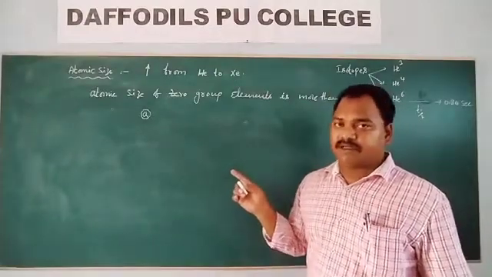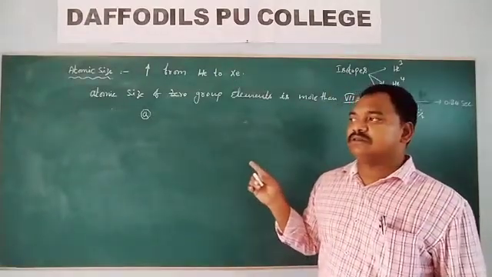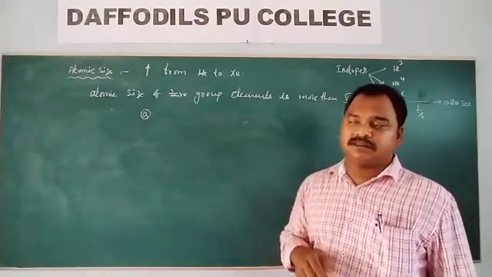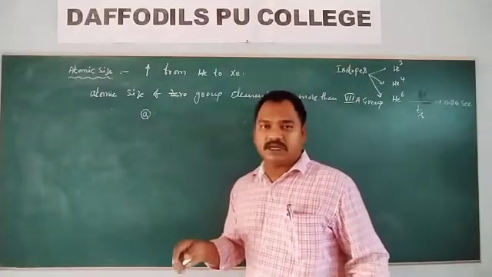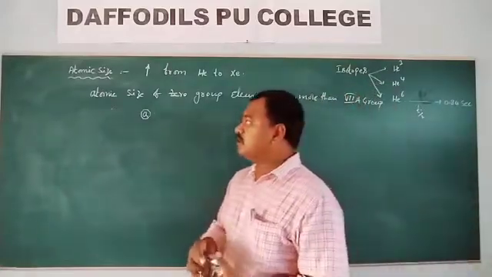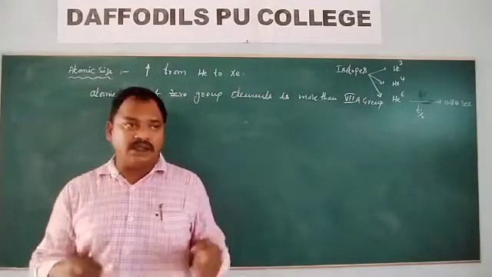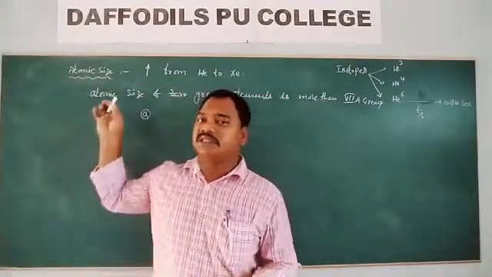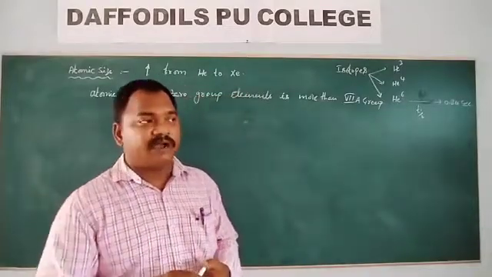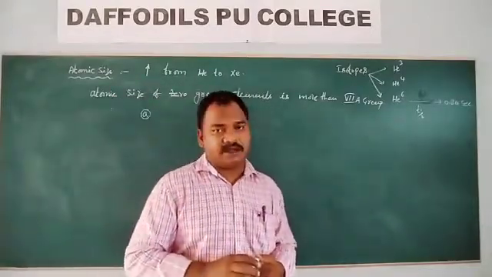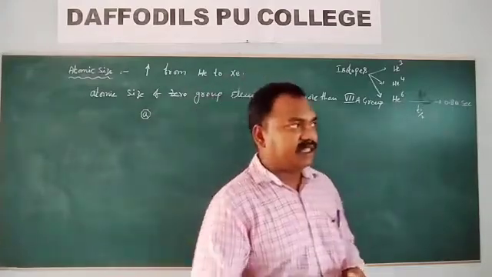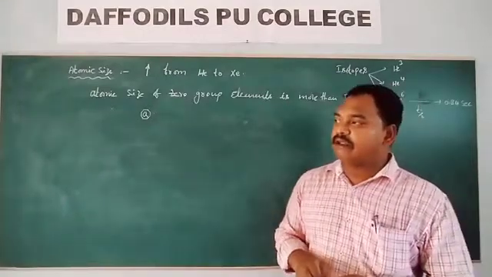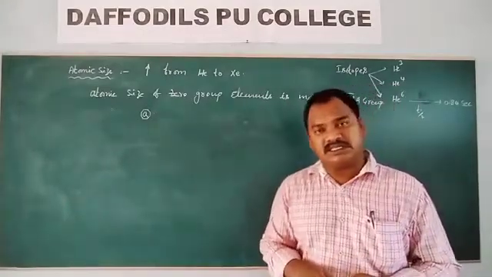We have different kinds of radius: covalent radius, ionic radius, van der Waals radius, crystal radius. While expressing the size of inert gases, van der Waals radius is considered.